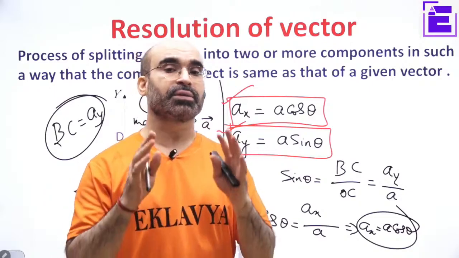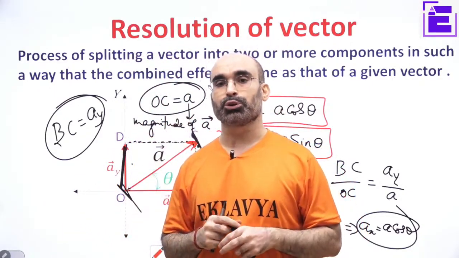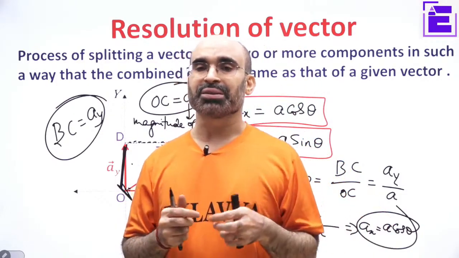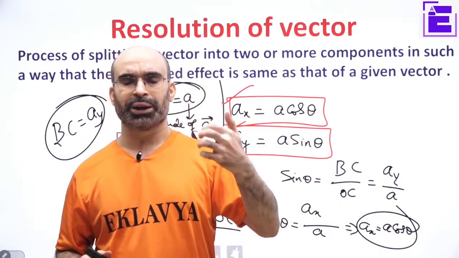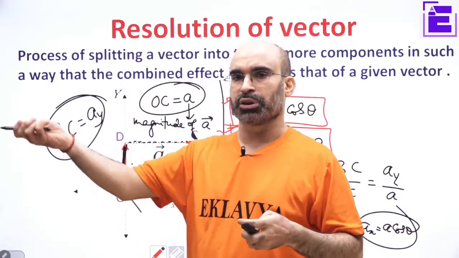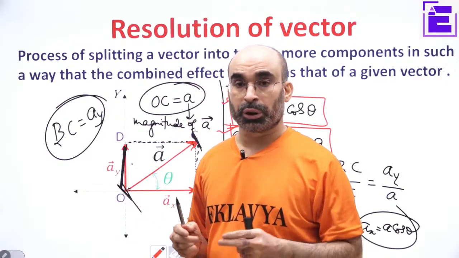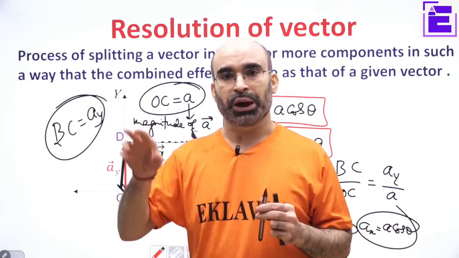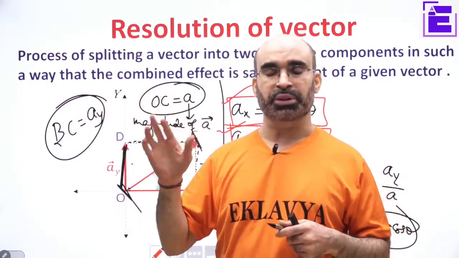Right? This has very large significance. We need to master it, because in NLM, and even in kinematics, you are saying, okay, velocity in this direction is this. Some portion of the velocity, like start with the position vector also. You are saying x component, y component, z component, multiple things.